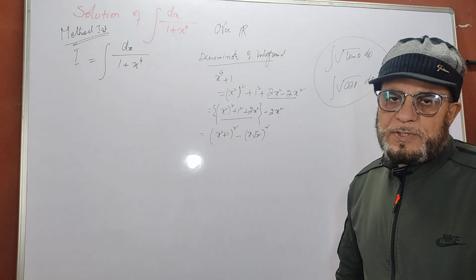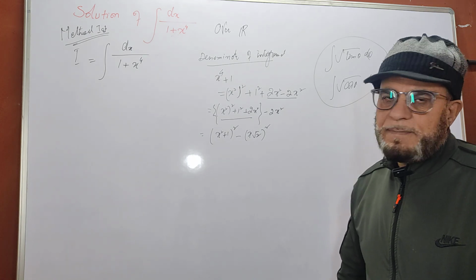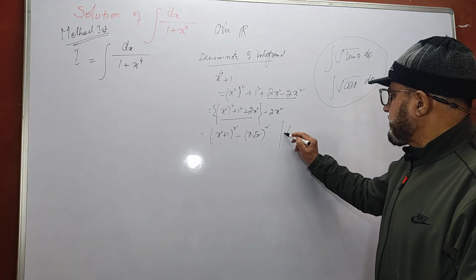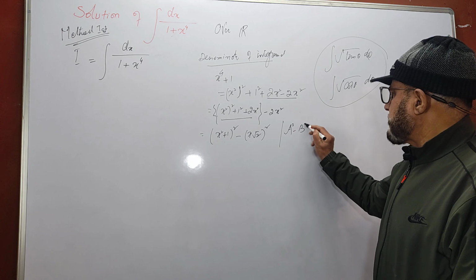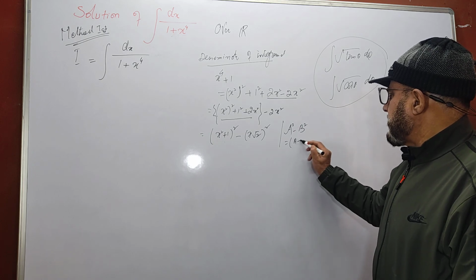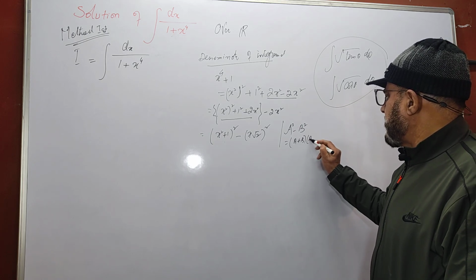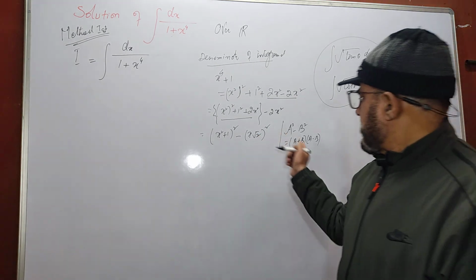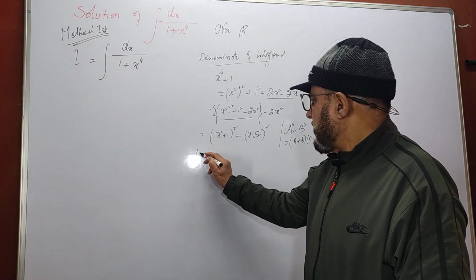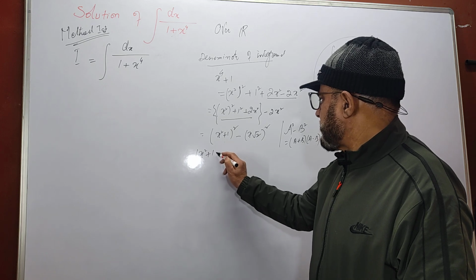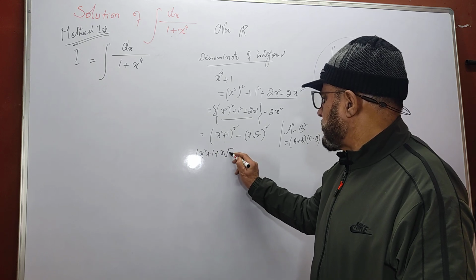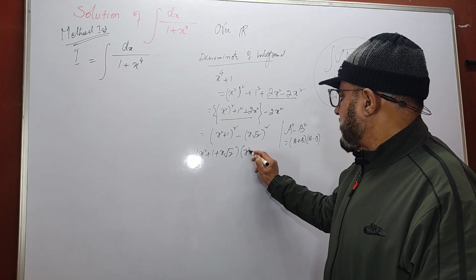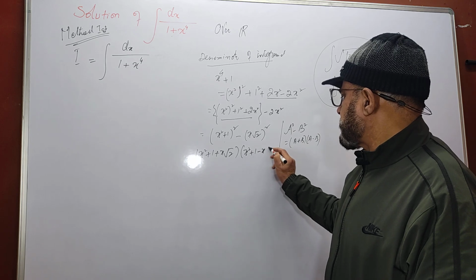I'm just trying to write it in the form of a square minus b square, which you know is (a plus b) into (a minus b). Now as per this formula, this is your (x^2 plus 1 plus x root 2) times (x^2 plus 1 minus x root 2).